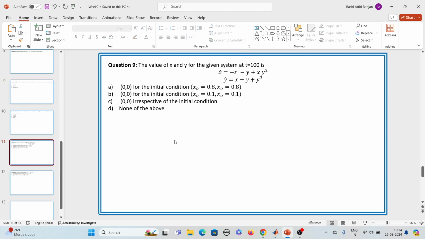The only difference is that there I did one computation, with four values K1, K2, K3, K4. Then I had to take its weighted average and add it to yn in order to get yn plus 1. However, here if I have t as 100, even if I take my step size as 1, which is not actually a correct choice, I have to perform 100 computations, that too for a two-dimensional system.